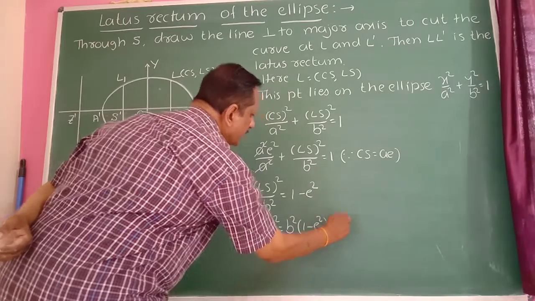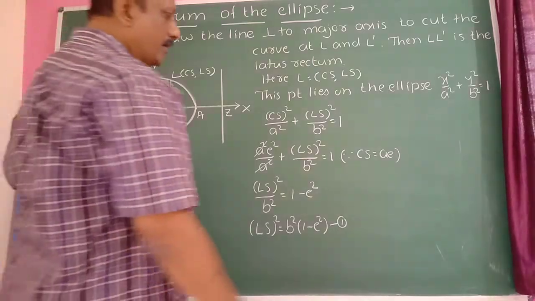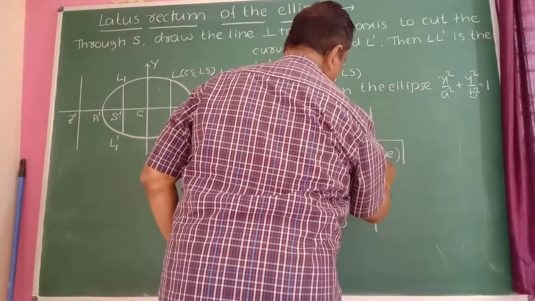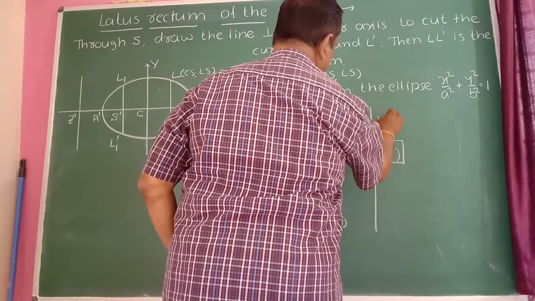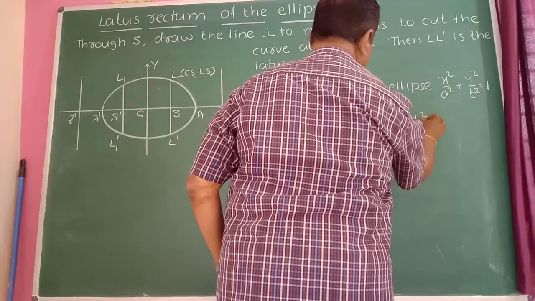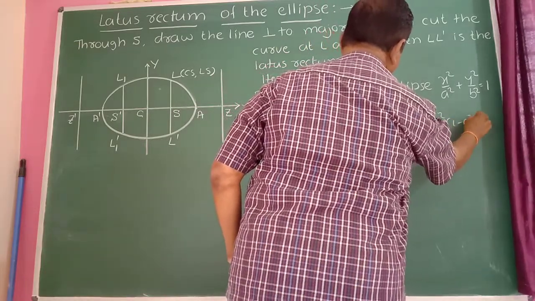Take this as result number 1. Next, we have proved in the theorem that b square is equal to a square into bracket 1 minus e square.